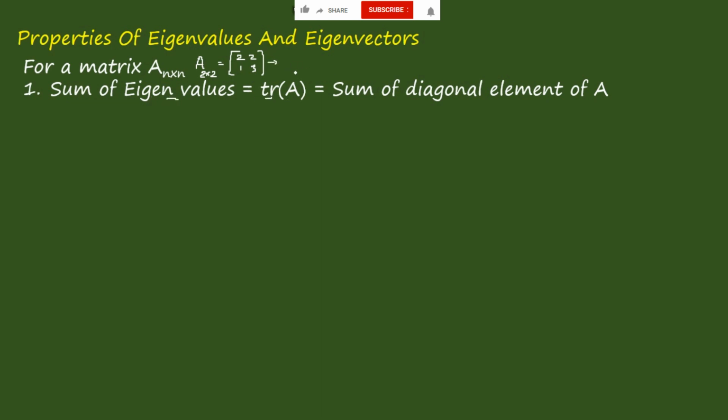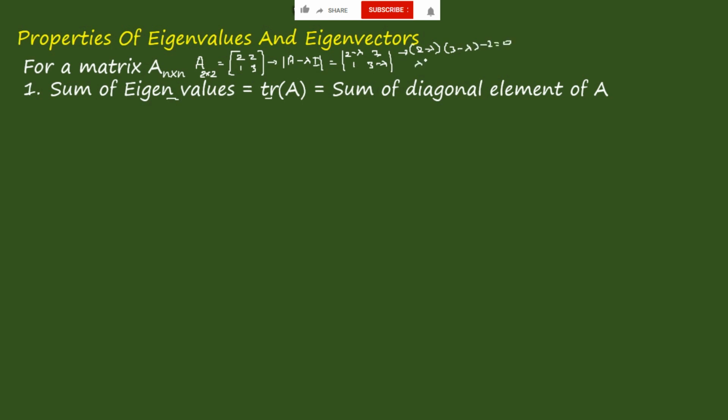To find the eigenvalues, we use the determinant of A minus lambda I. So it becomes the determinant of [2 minus lambda, 2; 1, 3 minus lambda]. So find the determinant of this one. It becomes (2 minus lambda)(3 minus lambda) minus 2 is equal to 0.